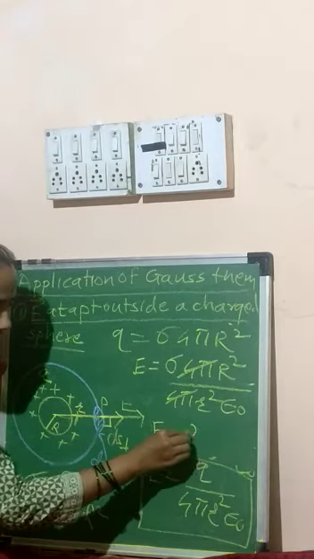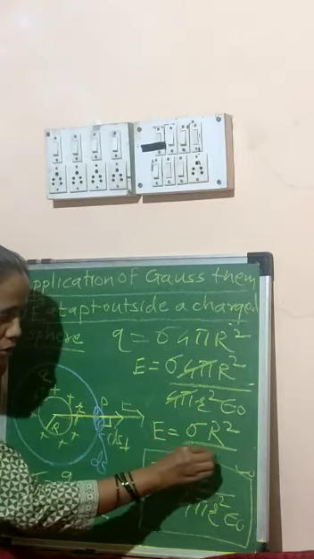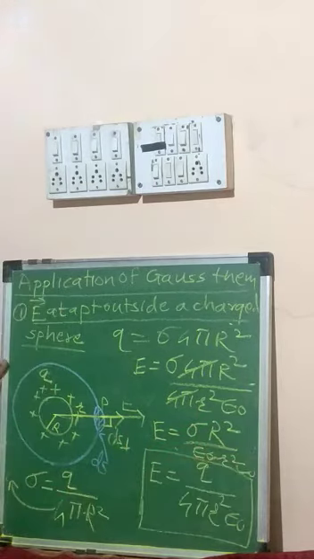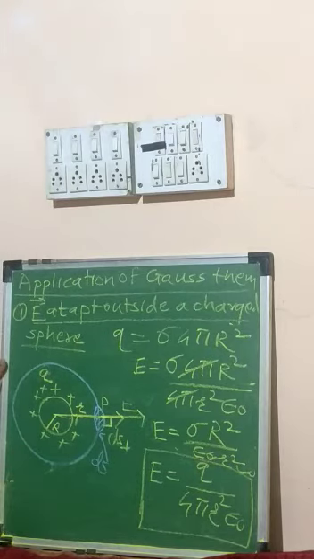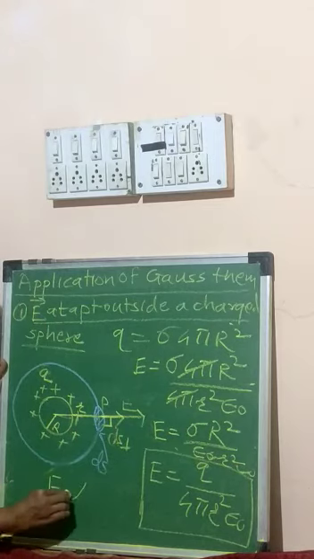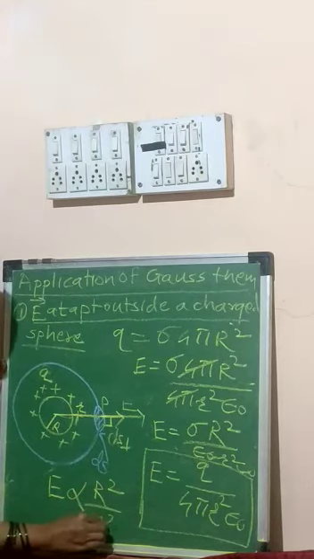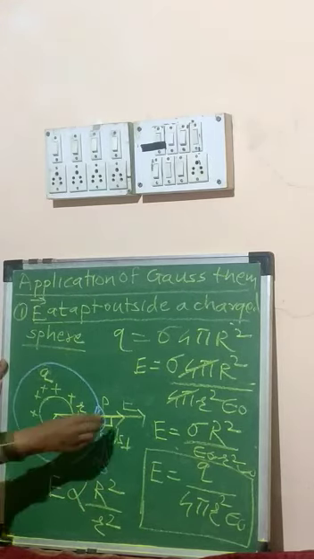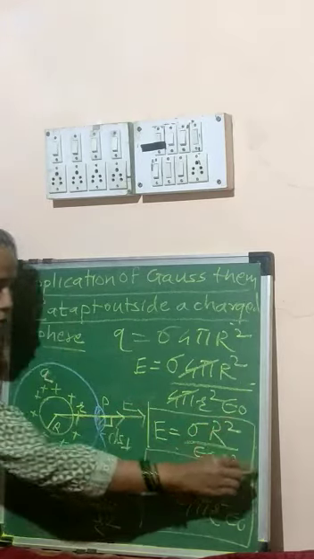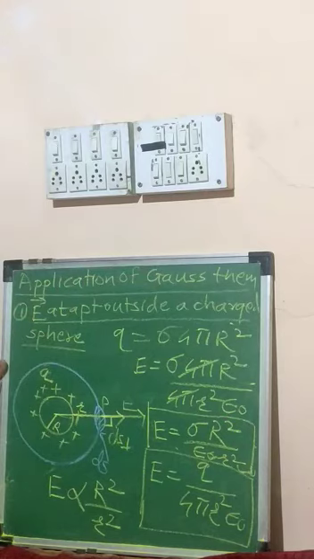Intensity E is equal to sigma capital R square upon epsilon naught small r square. Or in short, I can say that your sigma is a surface charge density, epsilon 0 is a constant, means I can say that intensity is directly proportional to capital R square and inversely proportional to small r square. So this is nothing but 3 important formula for your electric intensity at a point outside the charged sphere. Thank you.